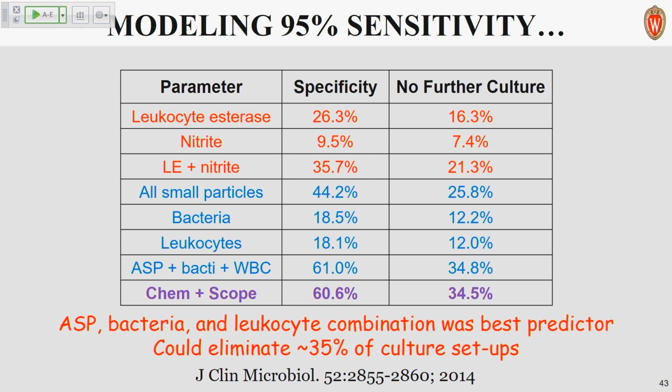But perhaps more important, especially in light of our previous couple of slides where we talked about the negative predictive value of your leukocyte esterase, the negative aspect of this, which is actually a good aspect, is that 35% of the iris negatives ended up in no culture setup, right? So it eliminated the workload by about 35%, or based on an iris finding, you didn't have to reflex to culture in 35% of your situations.